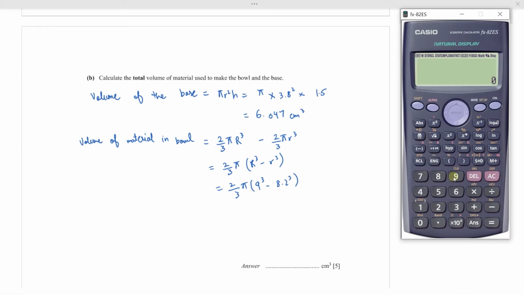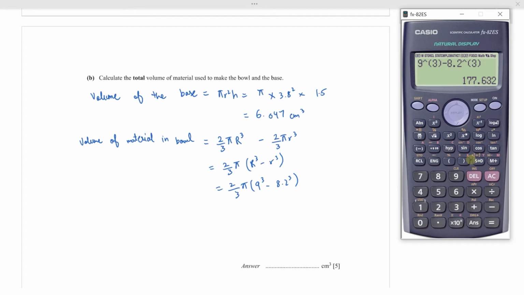So now let's calculate this. 9 cube, and then minus 8.2 cube.